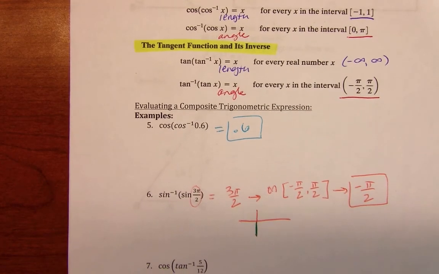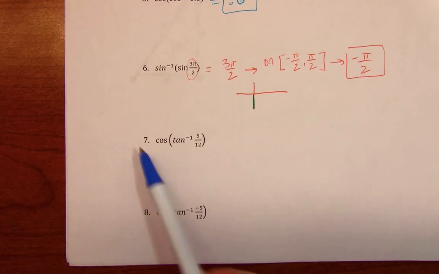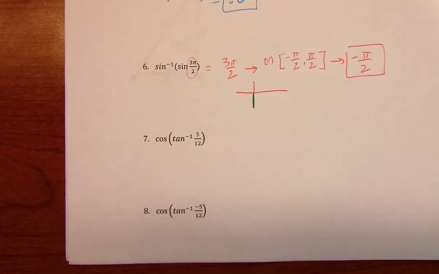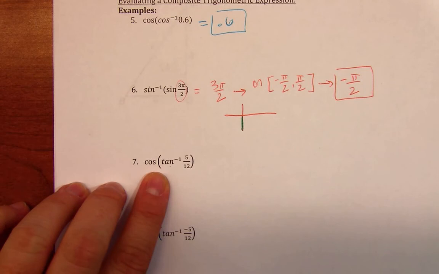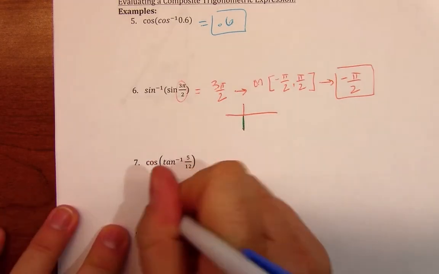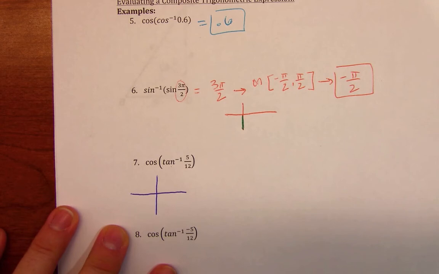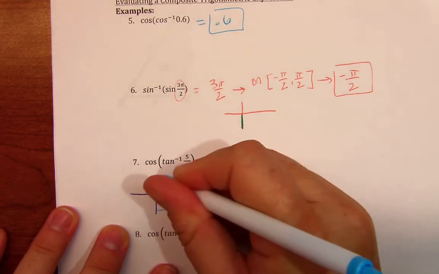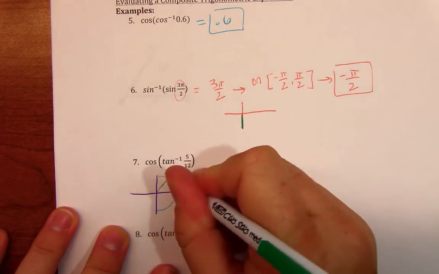Now these last two examples probably look a little bit scarier, maybe a little bit different, because now we have different trig functions. So we can't just use the same tools that we used up here. We have to think about these a little bit more. So inverse tangent of 5/12. Well, we need to think about this for a second. One, tangent goes from -π/2 to +π/2. So we're talking about quadrants 1 and 2. This is a positive value, so we have to be talking about quadrant 1.